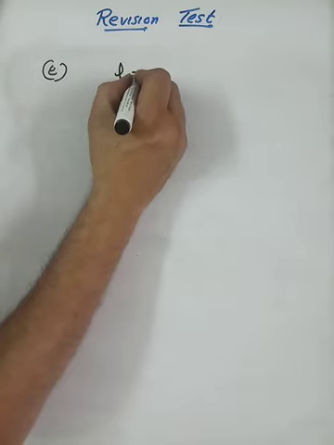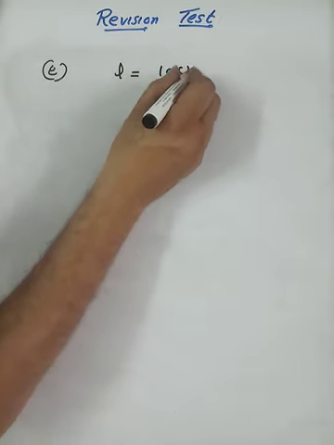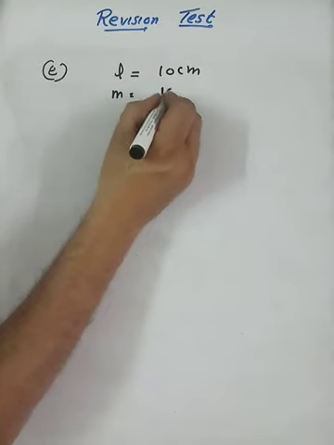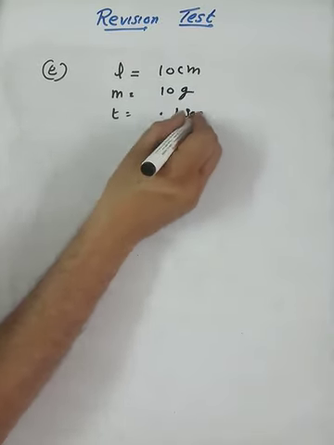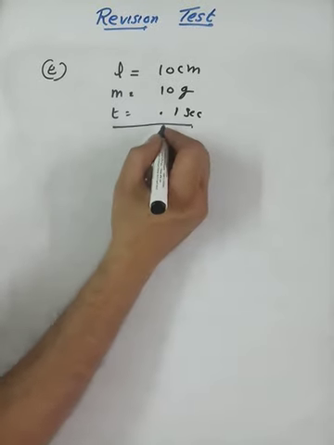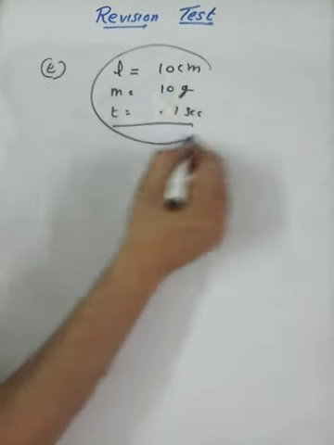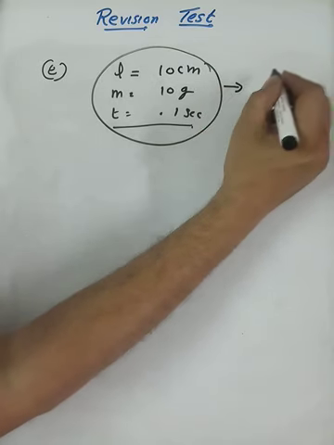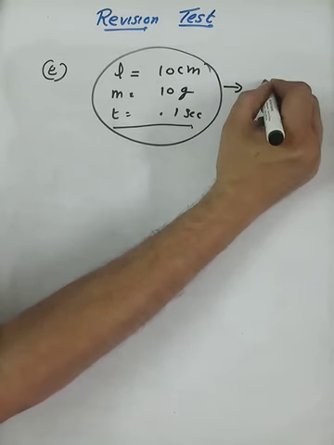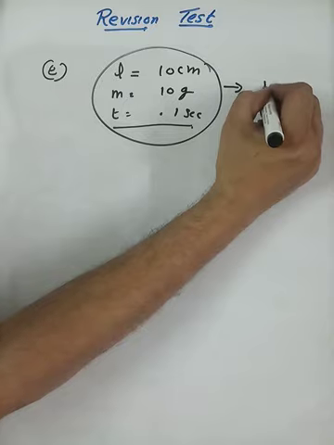Length in a new system is 10 centimeter, mass is given as 10 gram and time is given as 0.1 second. This is the new unit, and in this unit you have to find the unit of force in the new system.